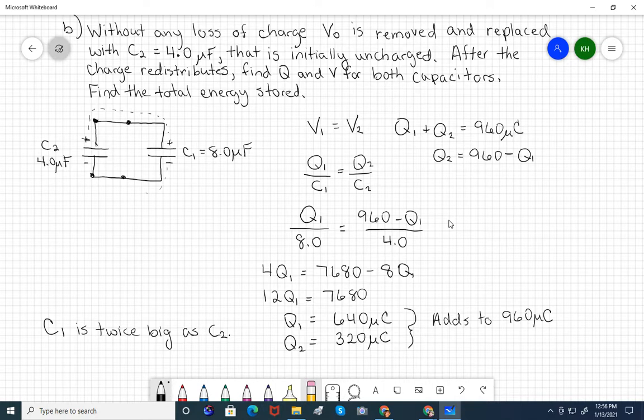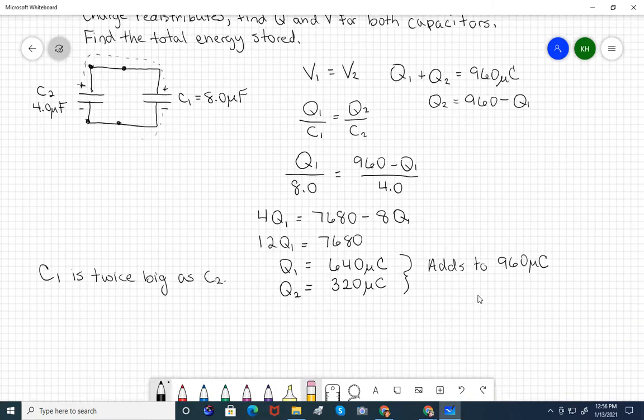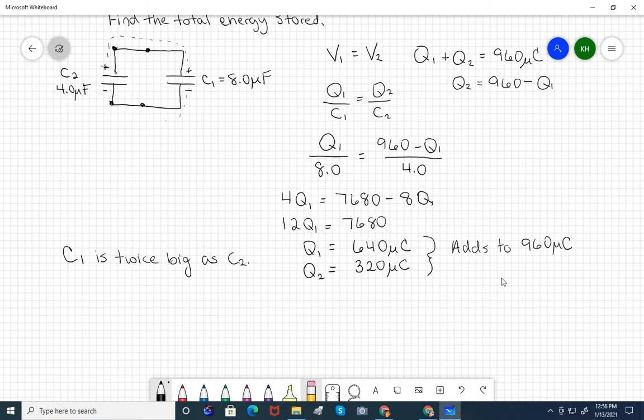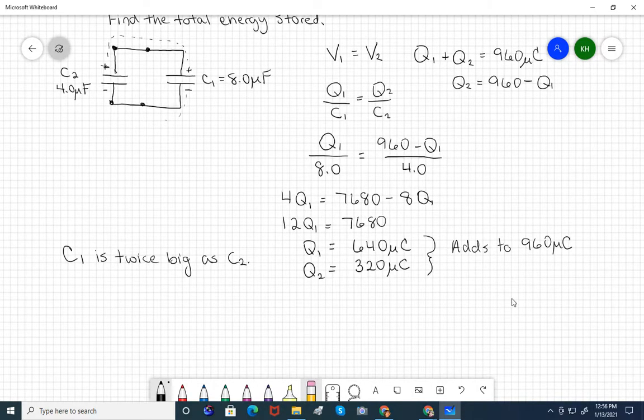It makes sense. If you have twice the capacitance, then you will store twice the charge at the same voltage. So at a particular voltage, we can see that Q1 is storing twice as much charge. So we've answered the first question. After the charge redistributes, Q1 is going to have 640 microcoulombs and Q2 only 320.